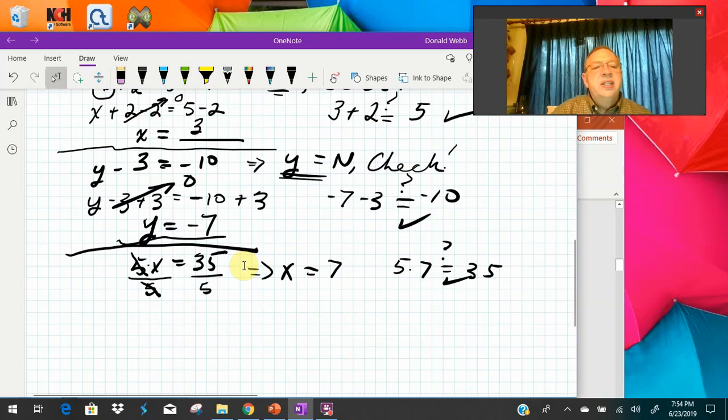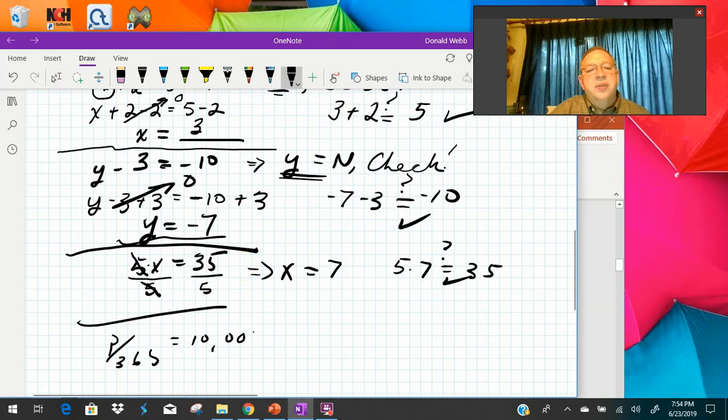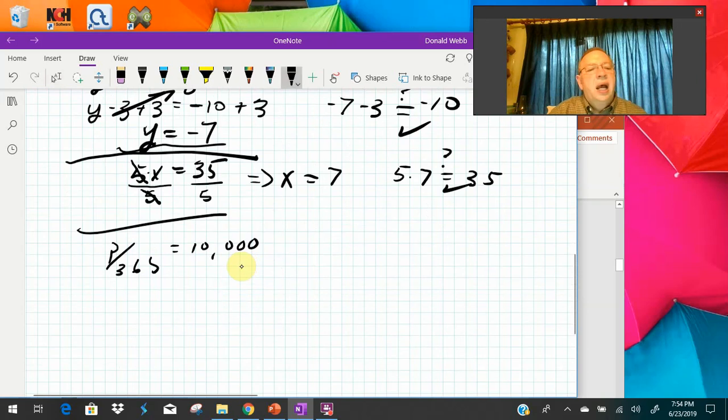P over 365 is equal to 10,000. And now in this case, this is division here. That fraction is the same thing as division. So I want to now multiply. It's really 365 over 1, the same thing.